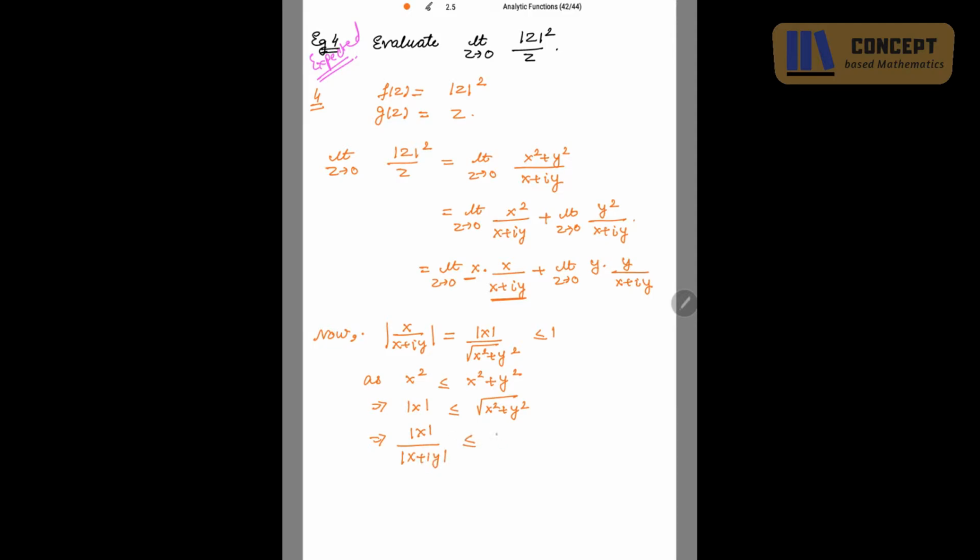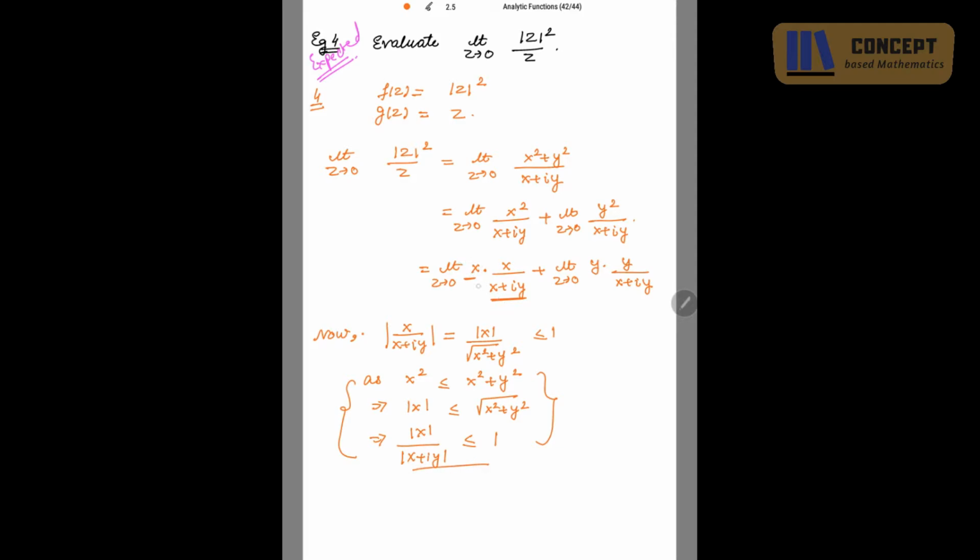This is less than or equal to 1. So mod of x over x plus iota y is less than or equal to 1.